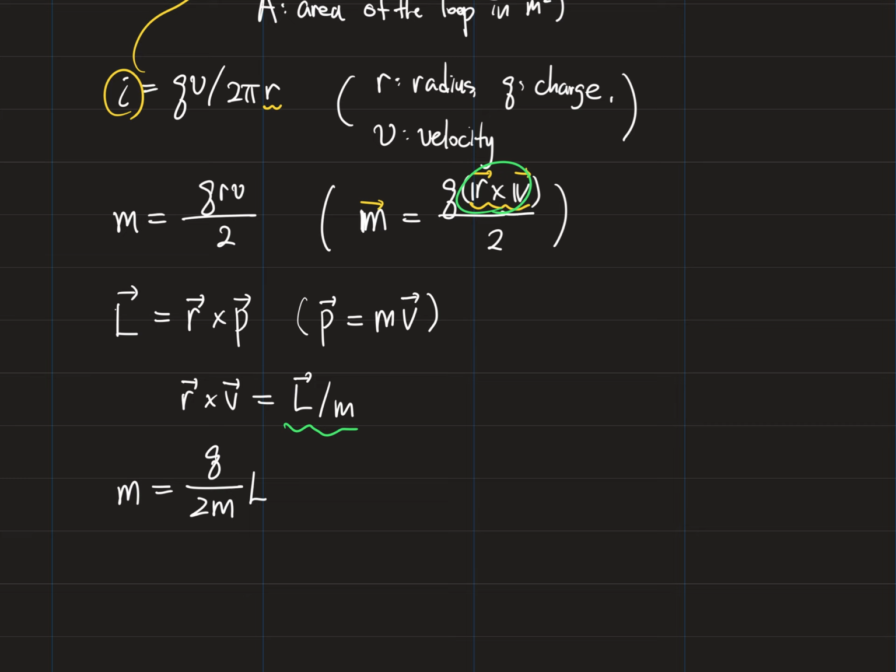So for electron, we are discussing the hydrogen atom, and there is only one particle that is moving around, so that is the electron. So the charge Q should be the charge of an electron, right? So Q should be the absolute value of the unit charge with a minus sign.